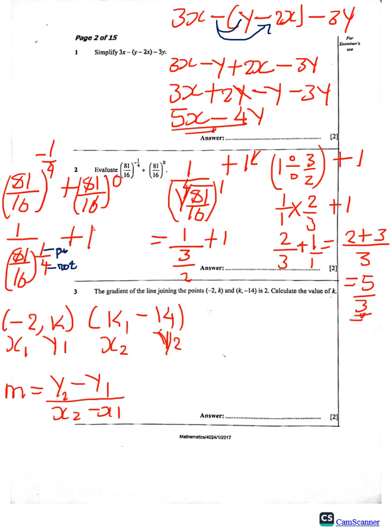Now we can see that the gradient is given, which is 2. So where there is m, we substitute with 2 is equal to y2. Our y2 is -14 minus our y1, that's k, divided by x2, which is k, minus our x1, which is -2, then over 1, so that we can cross multiply and solve for k.